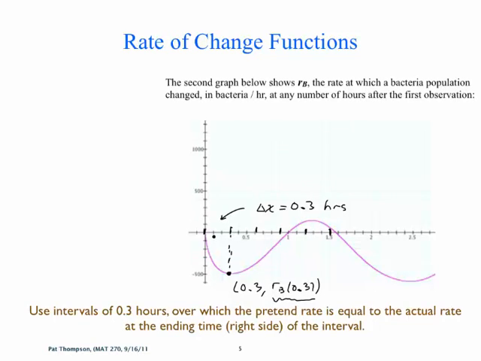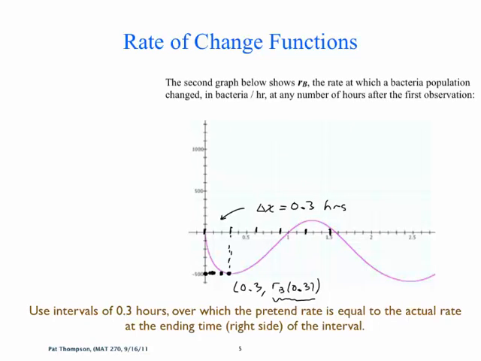So at 0.1, the pretend rate will be exactly what? The pretend rate: R sub b of 0.3. And at 0.2, the pretend rate will be r sub b of 0.3. And at 0 hours, r sub b of 0.3.